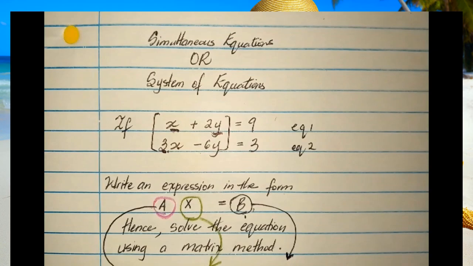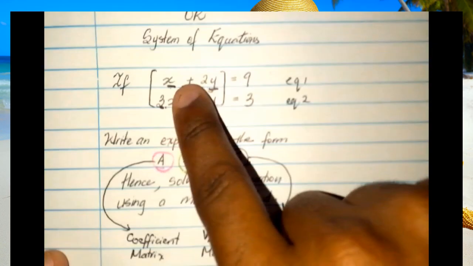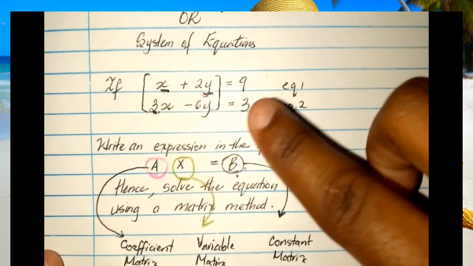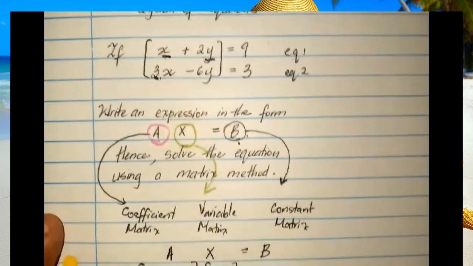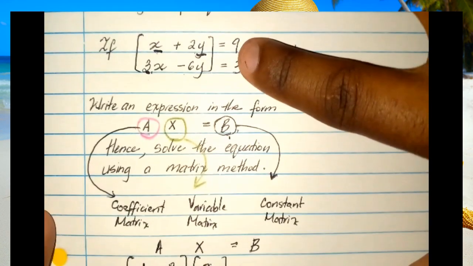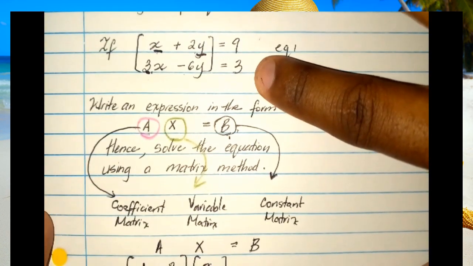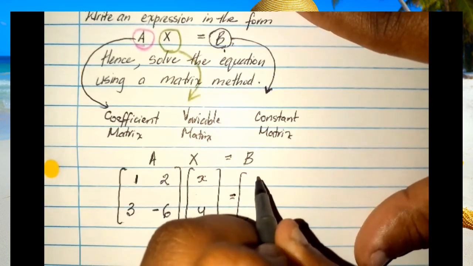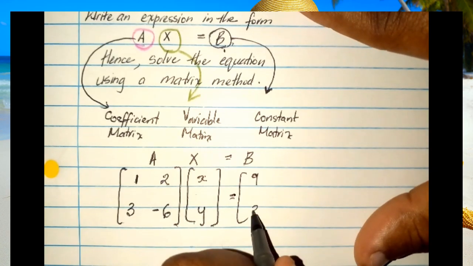So I just extract the coefficients to get my coefficient matrix, and then I just extract the variables to get my variable matrix. And the constant matrix is just as it looks: 9 at the top, 3 at the end. So I'm going to put equals 9 at the top, 3 at the end.